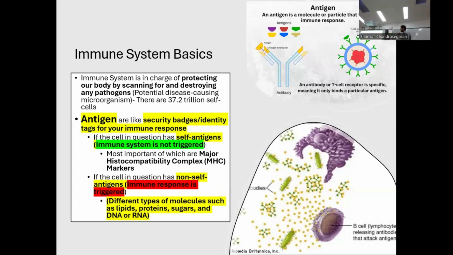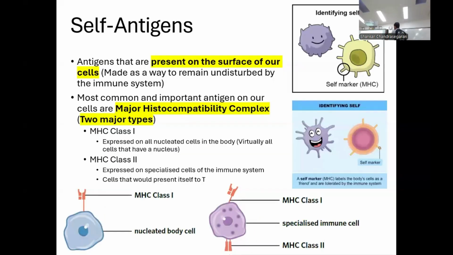This is the keyword here: it doesn't matter if it is also a major histocompatibility complex. If it's not the one your body makes, it will still trigger an immune response. And we'll come back to that in a bit, talking about how that plays into something we do and how it affects the outcome.